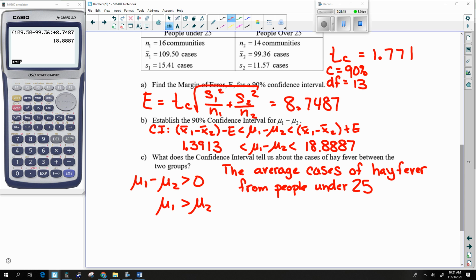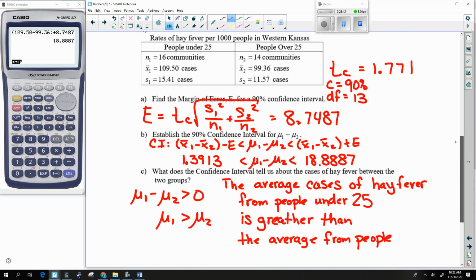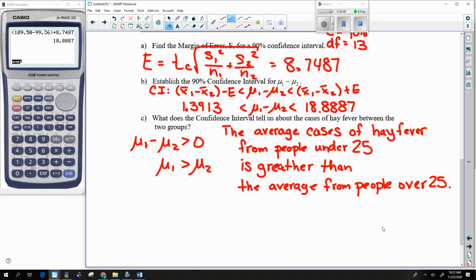So the average of 1 is greater than the average of 2. That's it.